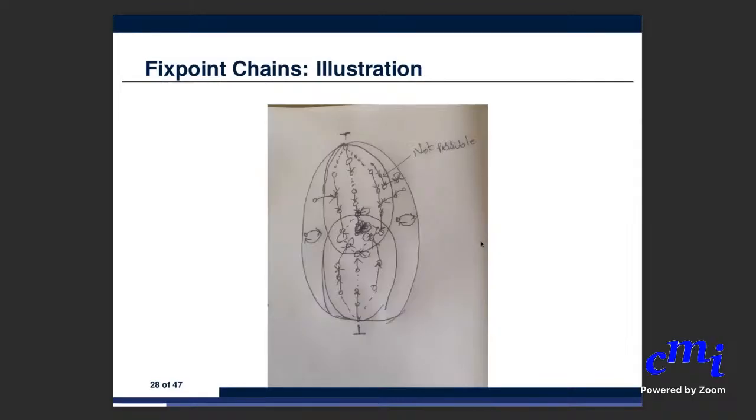Here I'm just putting some illustration. These are all the reductive, descending chains. You can have similar ones here, and you see they all end up in some fixed points. Among them, there is a greatest and a least fixed point.